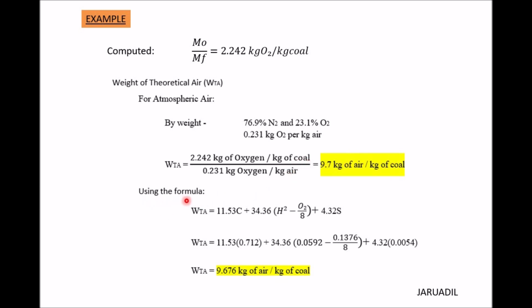So using the formula for wata, yung pinaka-formula talaga niya, so we just substitute again the values of C, H, hindi yan square, that is hydrogen, H2, and oxygen and sulfur, we have 9.676 kg of air per kilogram of coal. So malapit, di ba? 9.7, 9.676.